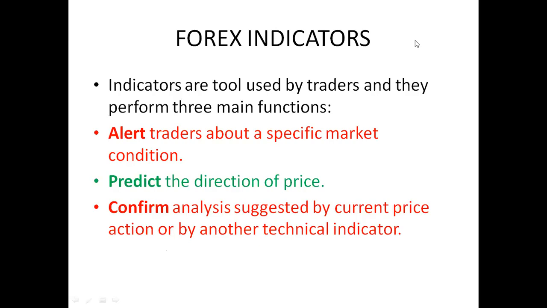Now, I have written it nicely here by saying indicators are tools used by traders, and they perform three main functions. Function number 1, they alert traders about a specific market condition.